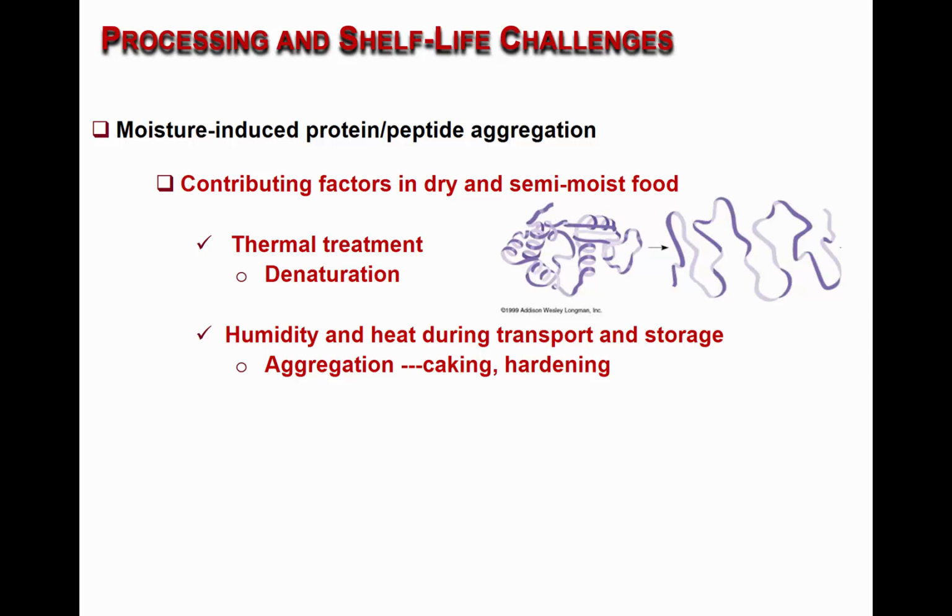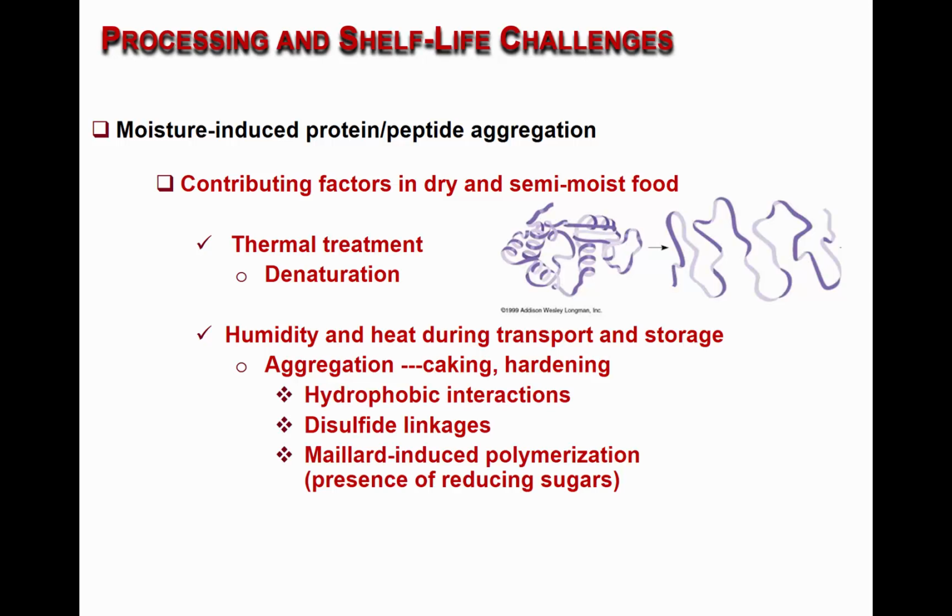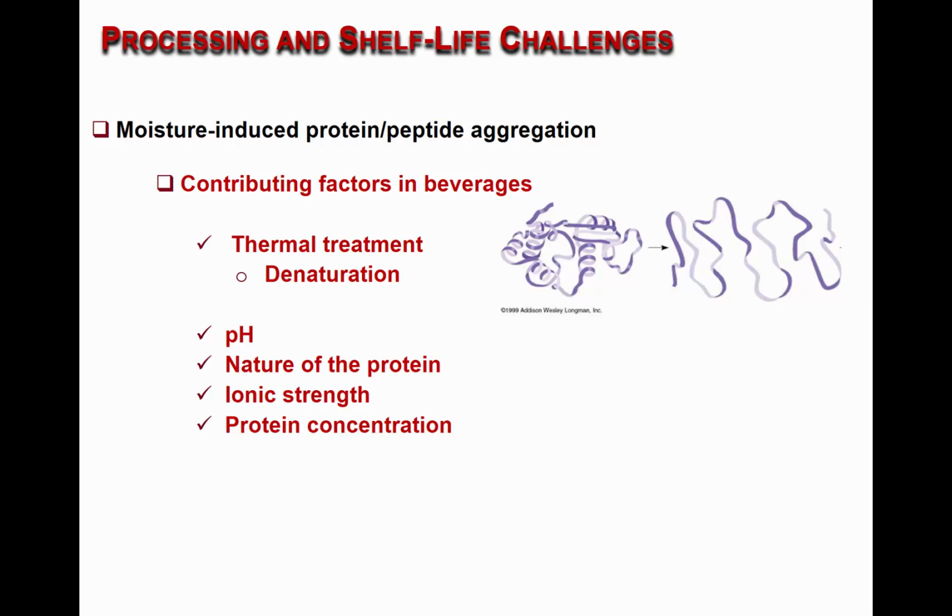And then of course you have moisture, and then you heat during transport and storage. So moisture, heat, denatured protein equal aggregation. And this is due to hydrophobic, disulfide, and polymerization due to Maillard if you have reducing sugar.